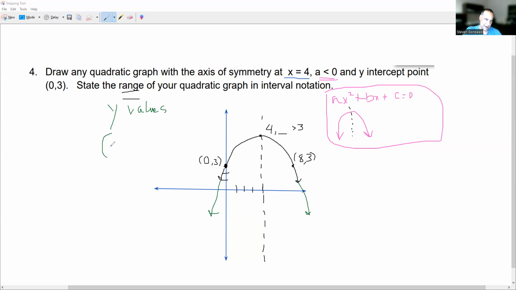So we know that the graph's going to go from negative infinity. Now, we didn't really talk about what this top value is. We just talked about that it's greater than 3. You pick your own value. Maybe you picked 6. If you pick 6, this value will be 6 and you'll have a bracket. But this does not have to be just 6. It can be any y value as long as it's greater than 3.